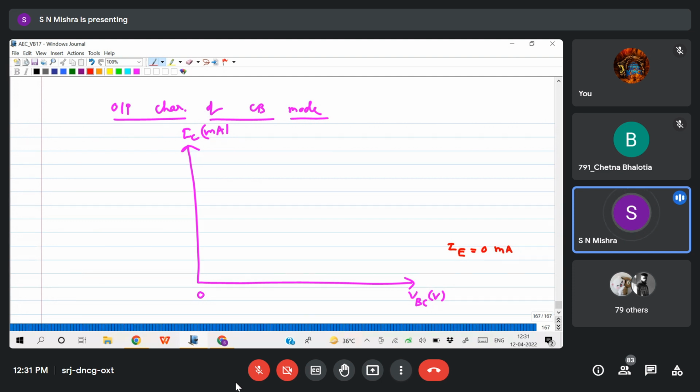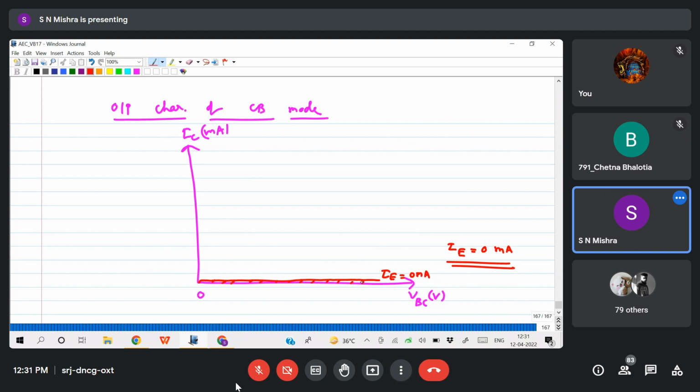So when IE is 0, how much current will I get? Only leakage current I'll get. So that current, when IE equals 0 milliampere, this is your leakage current.